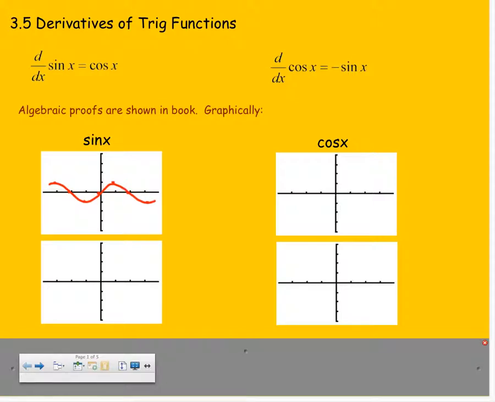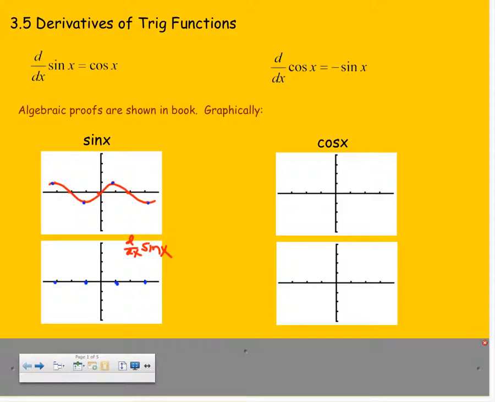If I want to graph the derivative of sine, then I know that any place there is a maximum or minimum, that's going to become a 0 on the number line. So there's another minimum, and it's going to become a 0 for the derivative. There's a minimum, so it's going to become 0. There's a maximum, it's going to become 0. Okay, so there's all the places where there's 0.